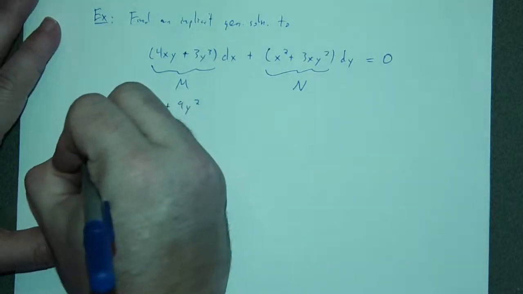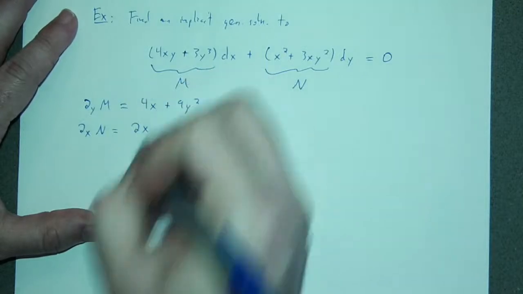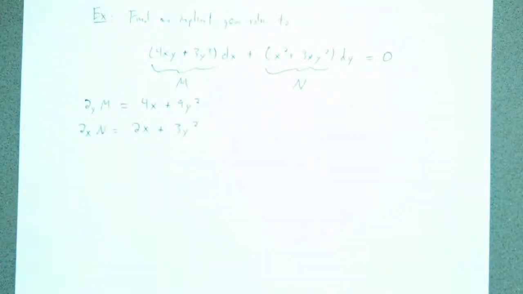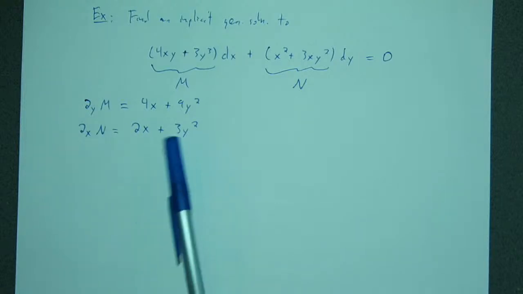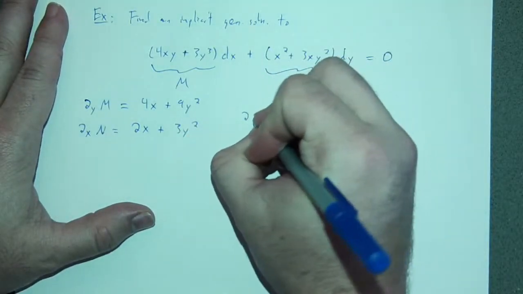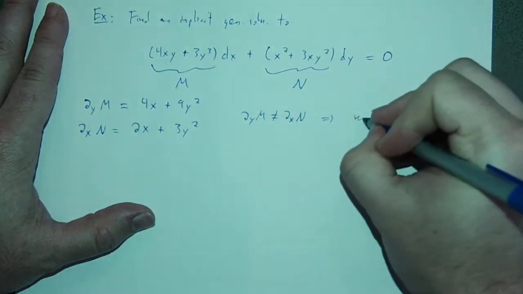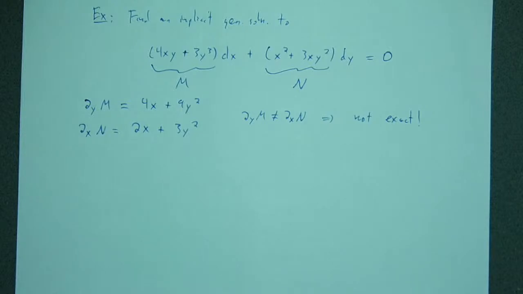Okay, the x partial of N is 2x plus 3y squared. So man, don't you wish you could just say, well, if I multiply this thing by 2 and I multiply this thing by 3, then I'm happy, right? Unfortunately, these things are not equal. So, not exact.